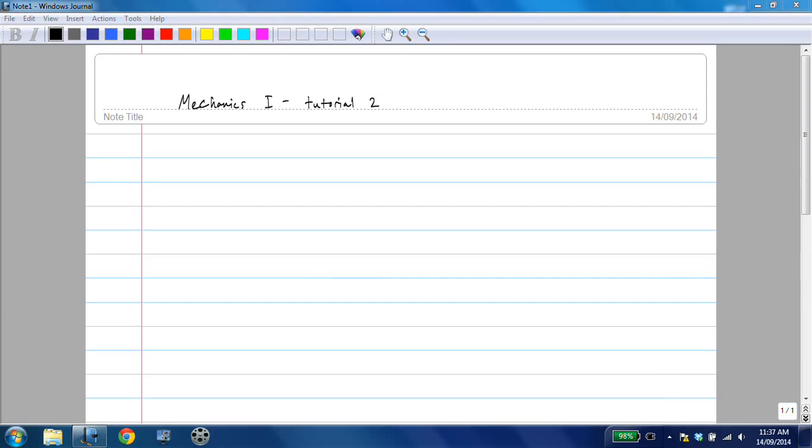Transformation matrices, and then a little bit of linear algebra regarding determinants of a matrix, matrix multiplication, subtracting matrices, the transpose of a matrix, and then I will solve a problem regarding orthogonal transformations.